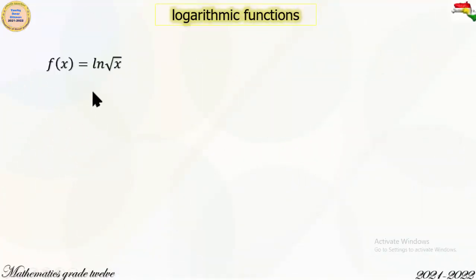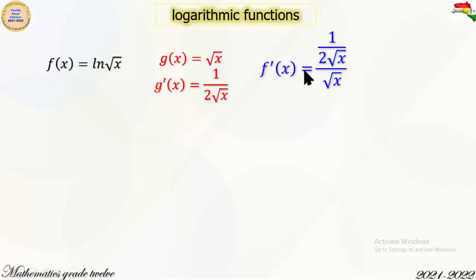F of x is equal ln of square root of x. As you can see, g of x is square root of x, and g prime of x is equal 1 over 2 square root of x. Then the derivative of f of x, f prime of x, is equal. First of all, write the derivative at the numerator, then write the function at the denominator.